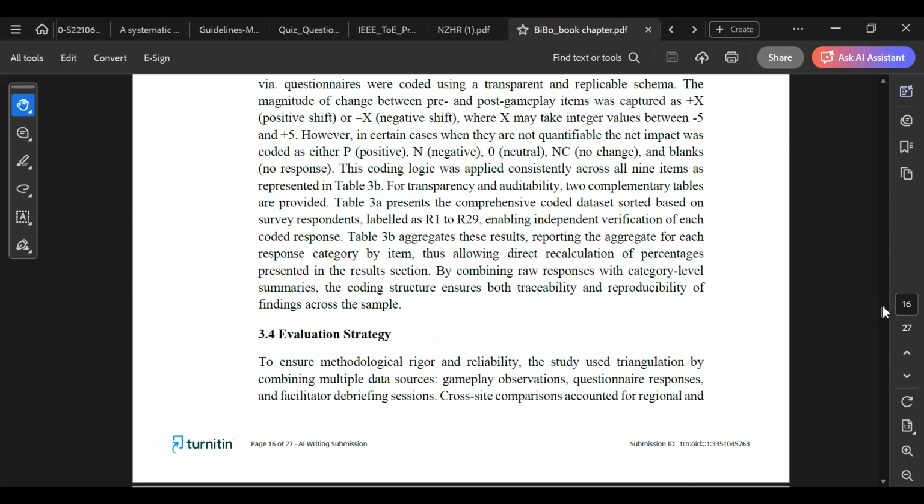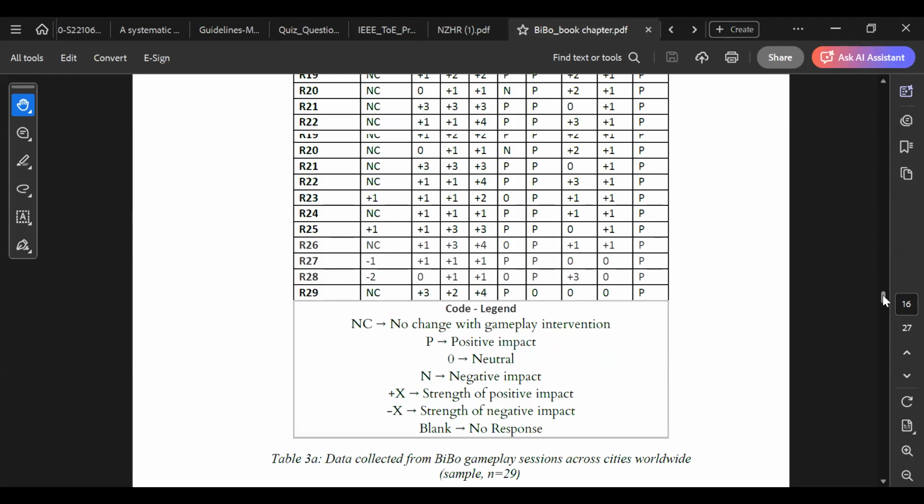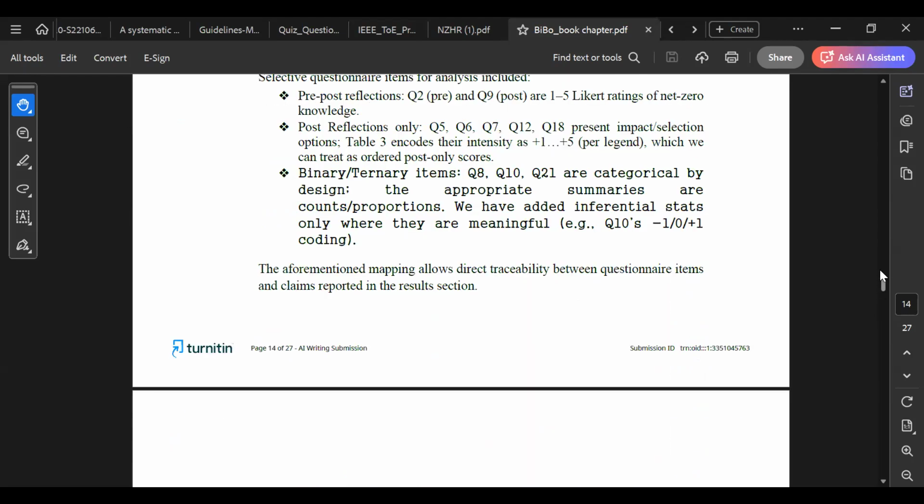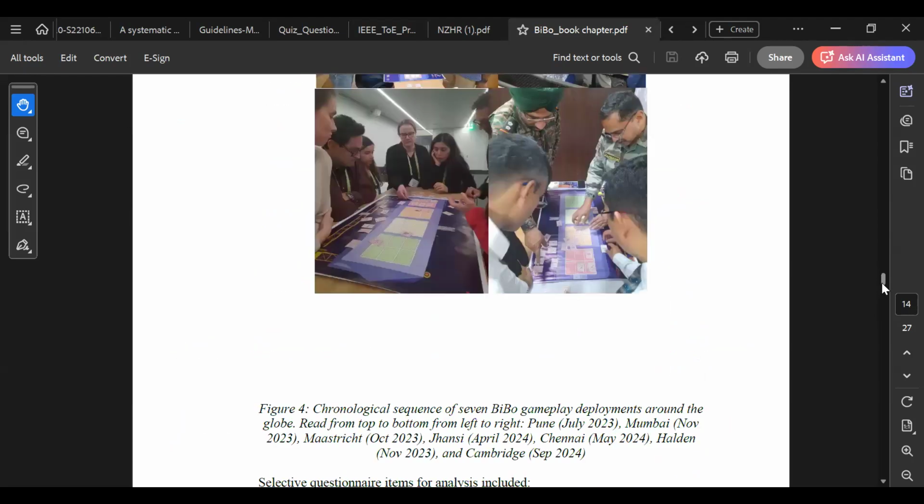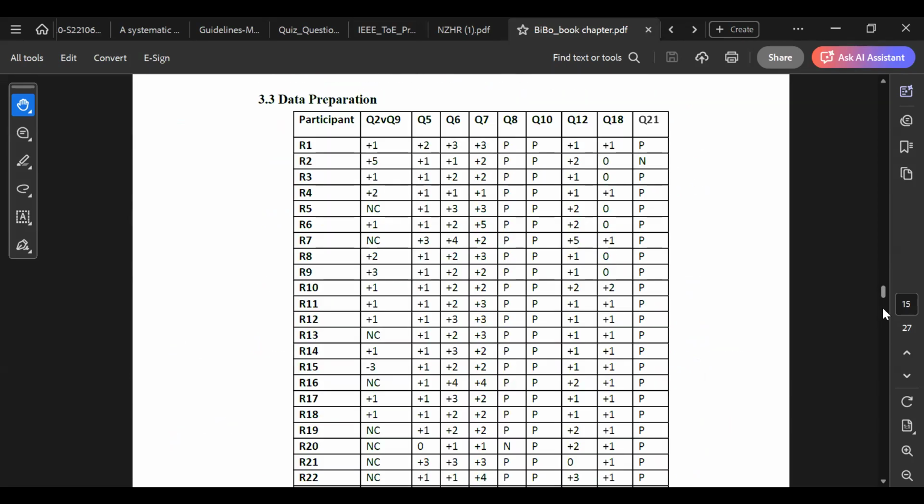It's still loading, Balaji. One sec. Okay. Yeah. One minute.